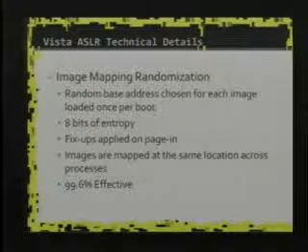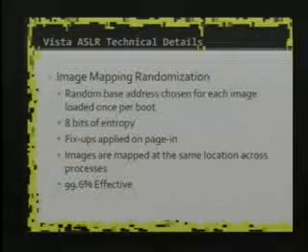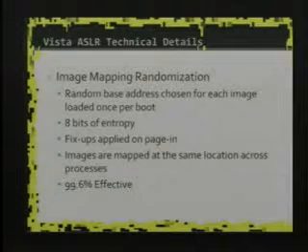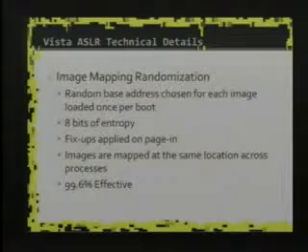This is due to a limitation that goes back to code integrity and the ability to sign drivers and executables and make sure that checksums match. So they can't manipulate the file on disk. On page-in, each page of the executable gets randomized. And again, the images are mapped to the same location. Although I kind of laugh at this, if you take 1/256, you get 99.6% effective. Awesome.